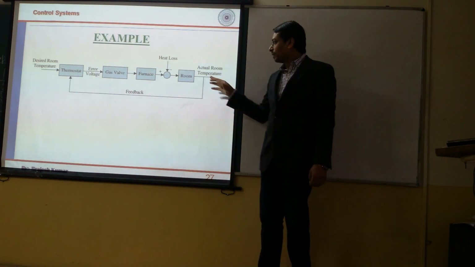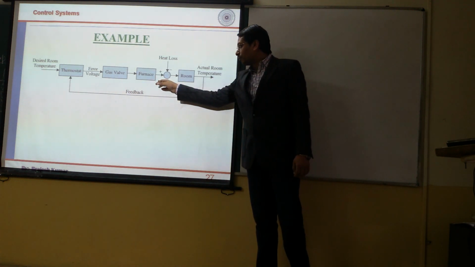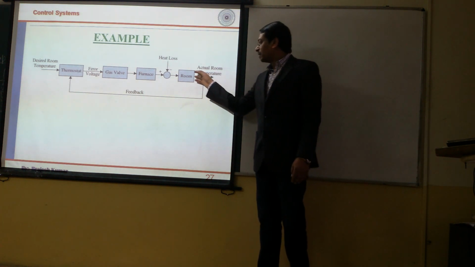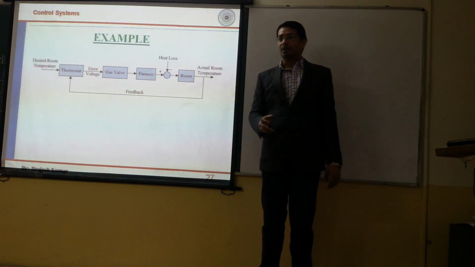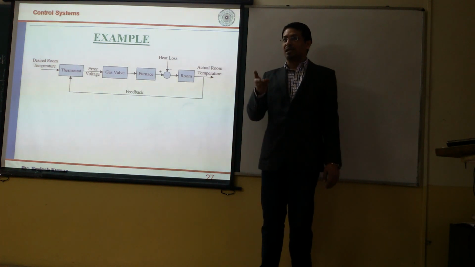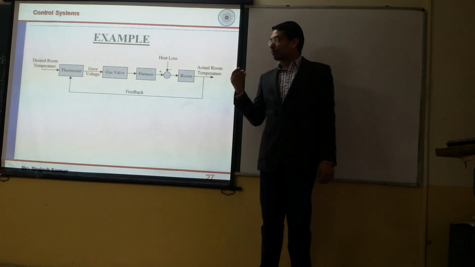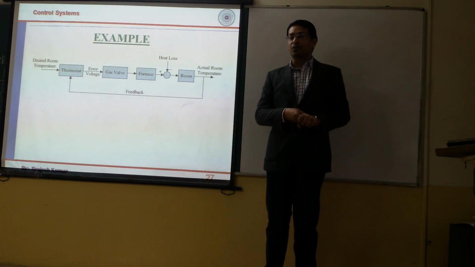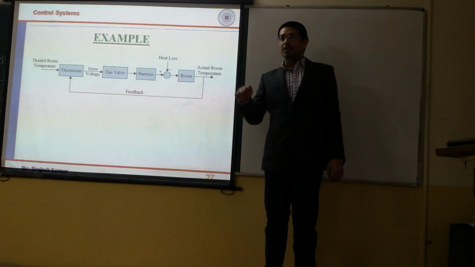After that, when the furnace is on, you will have a supply of hot air, your room will start to become cozy, and the temperature will start to increase towards 20 degrees centigrade. But what will happen if somebody meanwhile opens the window or the door? It will again try to cool it down.